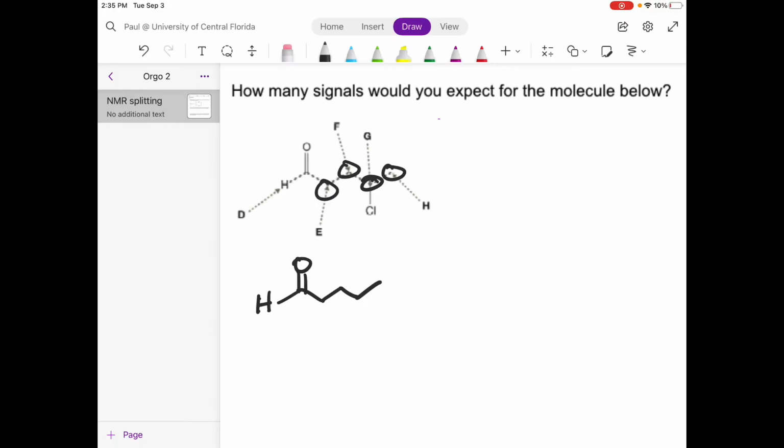You have to show the geometry of the molecule. So we have some protons here. I'm going to have to actually draw this a whole lot bigger, just to help us out here.